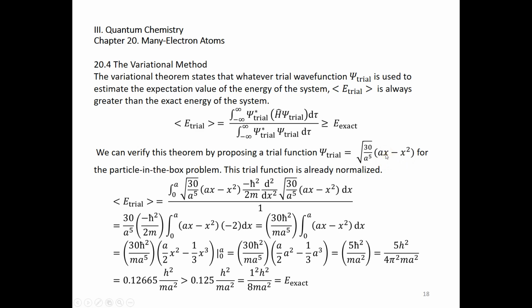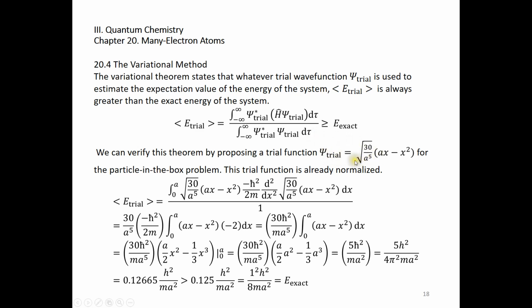When x is 0 or when x equals a, this value is 0. The square root of 30 over a to the power of 5 is the normalization factor. We introduce this normalization factor to ensure the integral of the squared modulus of the trial function is 1.